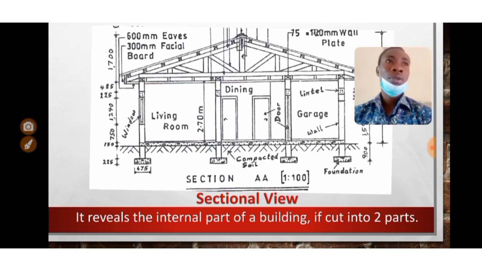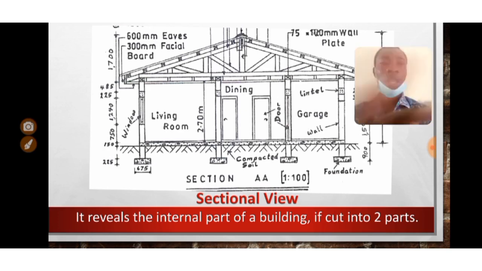By the time you've gone 10 labelings, you are done with my outward appearance. But if I'm being cut into two, you have a lot of labelings to do, because you'll be labeling my heart, my kidney, the intestine, the types of intestines, the stomach, the pancreas, the tract, everything inside. So that's how this is.